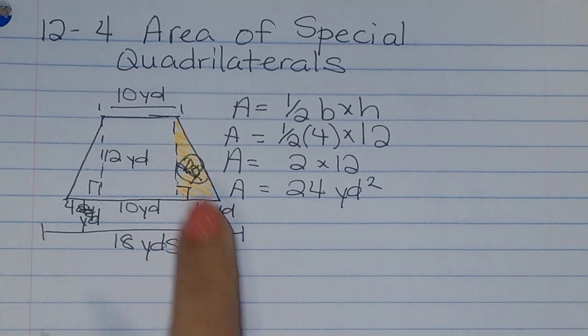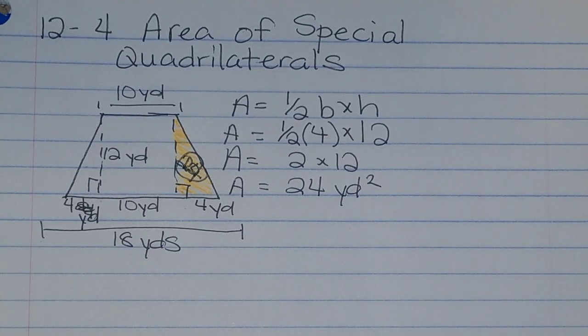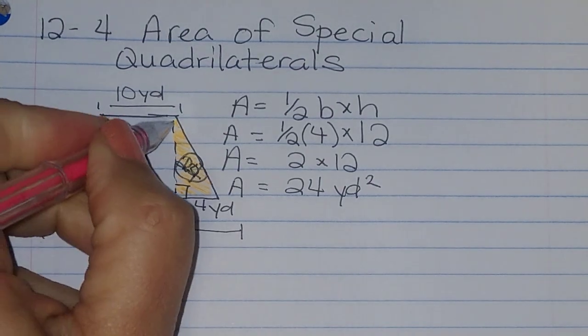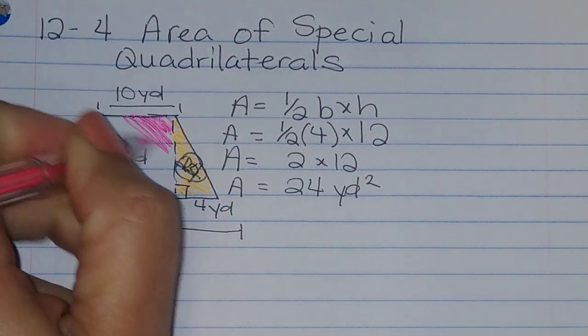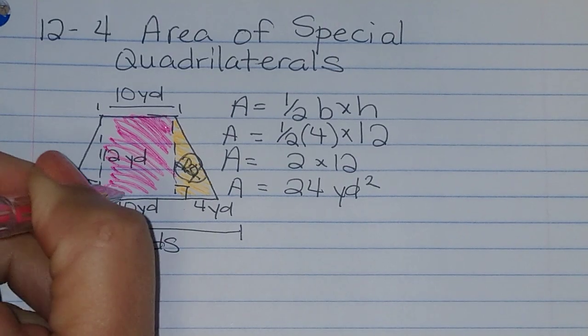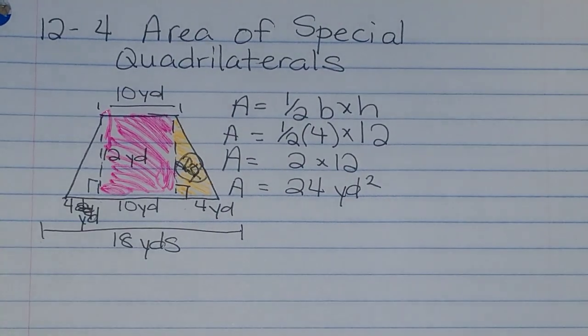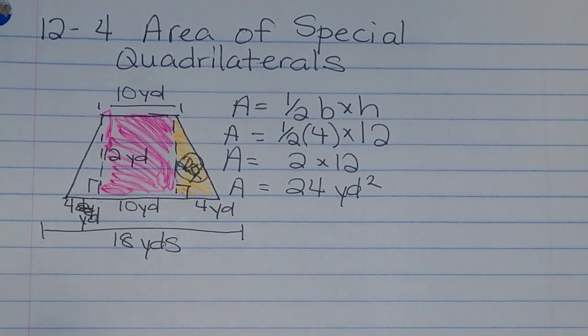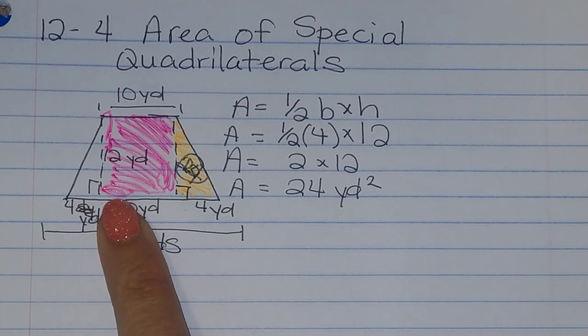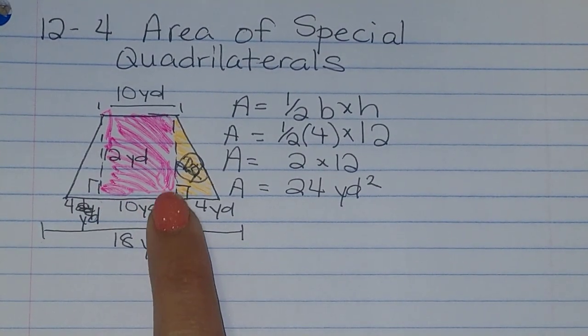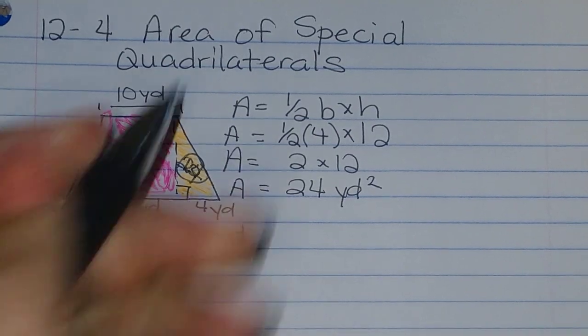Now let's look at a rectangle. A rectangle is a pretty familiar shape. I'm going to color it in pink just so we can really see what we're talking about. Remember, the area of a rectangle is base times height, or length times width.